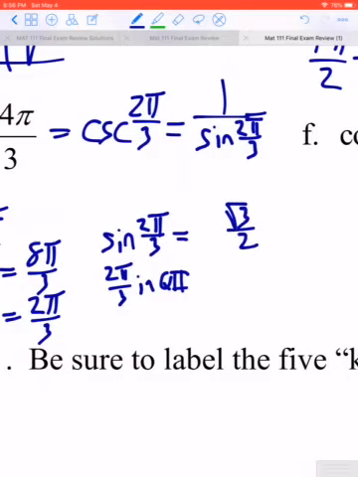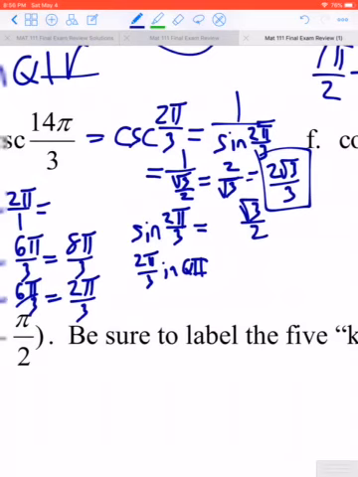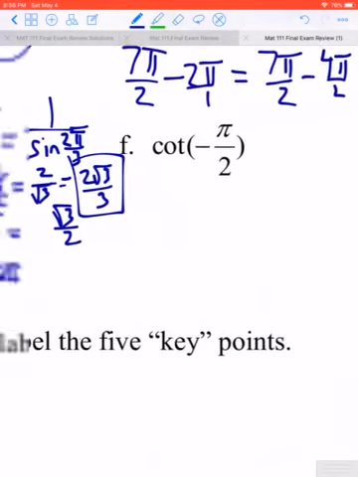The sine is positive in quadrant 2, so the value for the sine of 2 pi over 3 will be a positive square root of 3 over 2. So our final answer is going to be 1 divided by the square root of 3 over 2, which is the same thing as 2 over the square root of 3. And if we rationalize that, we get 2 square roots of 3 over 3. So that's the value for the cosecant of 14 pi over 3.